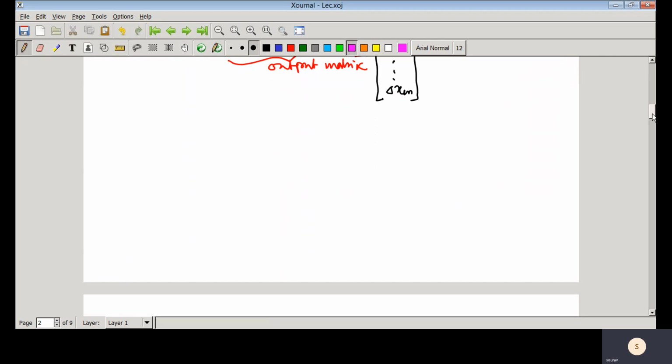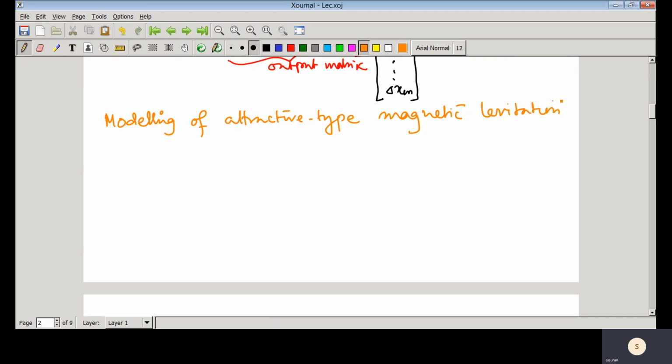So the first example we are going to study now is the modeling of an attractive type magnetic levitation system.